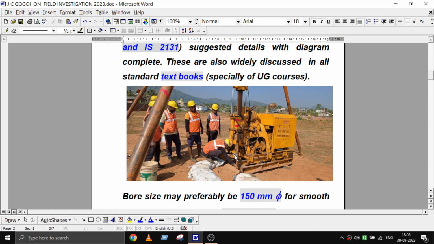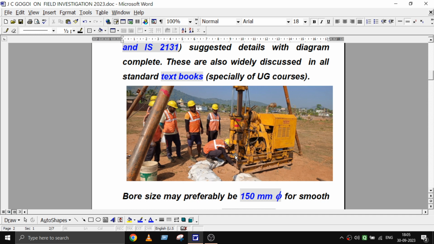So it is a thing to remember that after penetration, at least 5 minutes of rest shall be given for the soil to settle, as it has some disturbance during static penetration, although the wall thickness of the tube is very small.